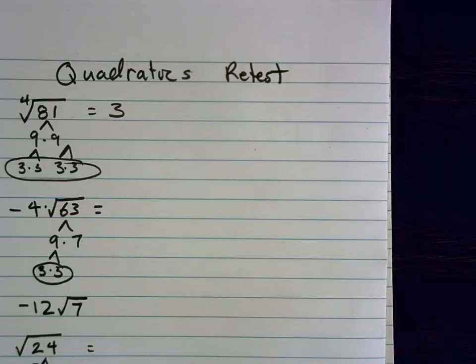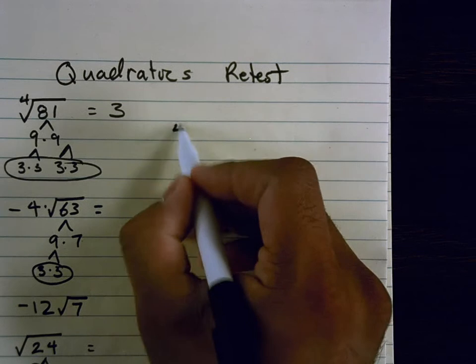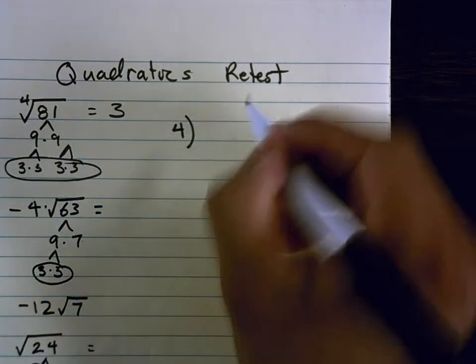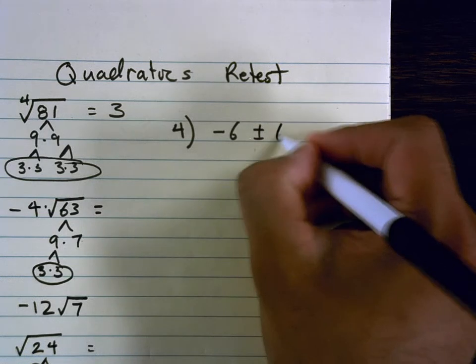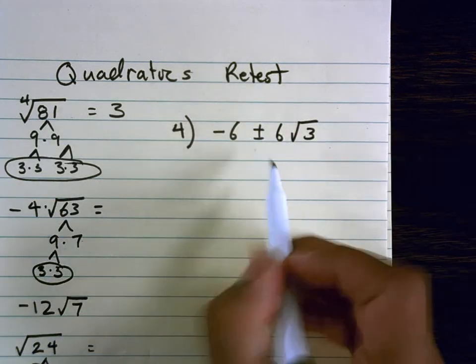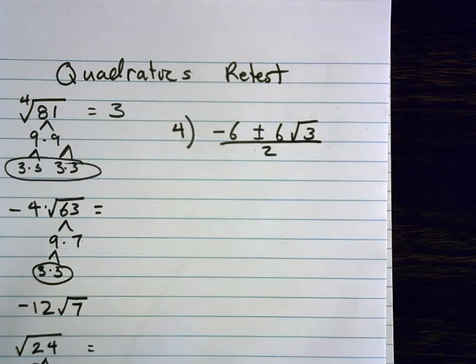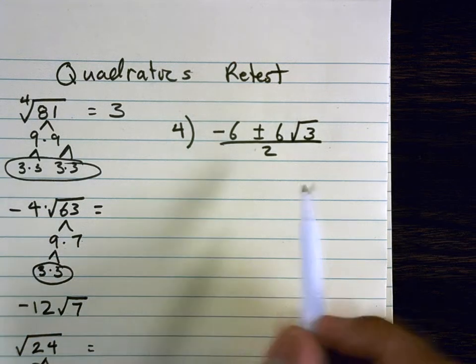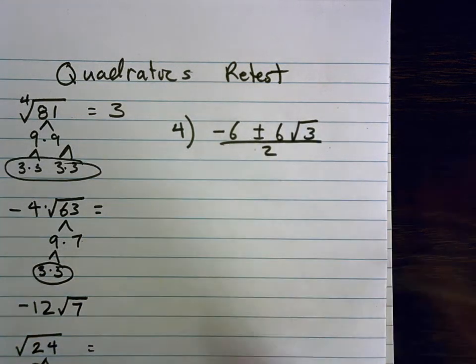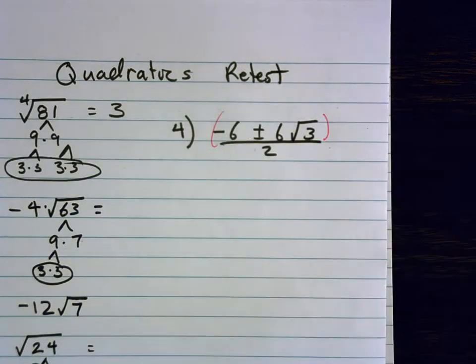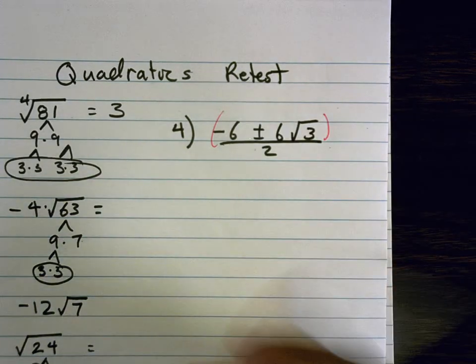Number 4 says -6 plus or minus 6 root 3 all over 2. Now, I can't cross off the 6 and the 2 because this is technically a binomial up top here. So I've got to use a GCF.